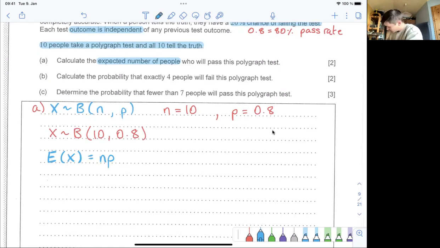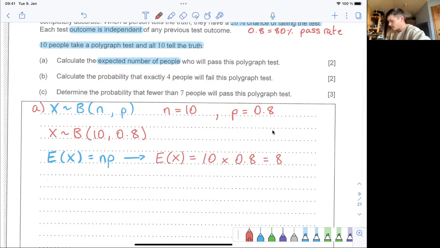Therefore E(X) is equal to 10 multiplied by 0.8, which equals 8. And that's the answer to part A.